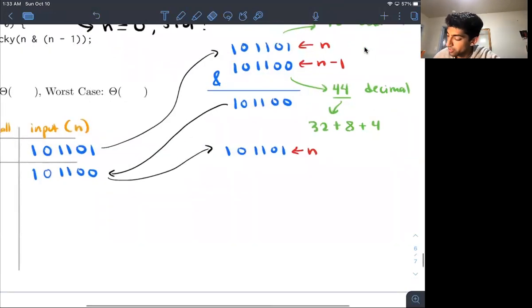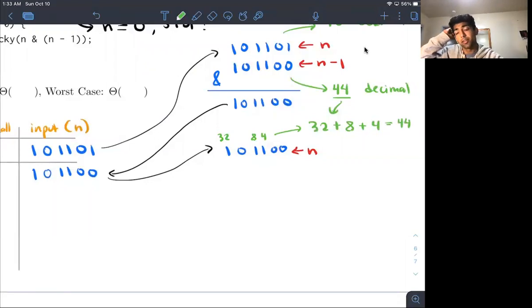Oh, shoot. It should be... Okay, so let's look at what n minus 1 is going to be. Well, this number in binary is 32 plus 8 plus 4, which is 44.